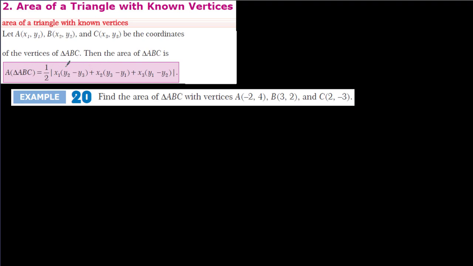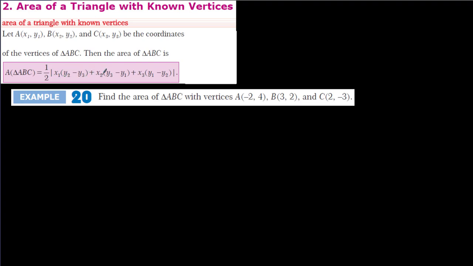So the area is 1 over 2 in absolute value, x1 times y2 minus y3 plus x2 times y3 minus y1, and x3 times y1 minus y2.